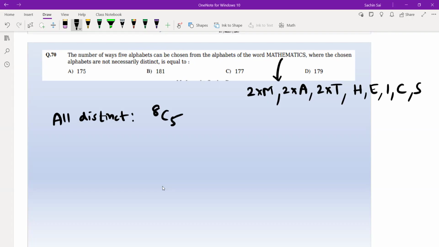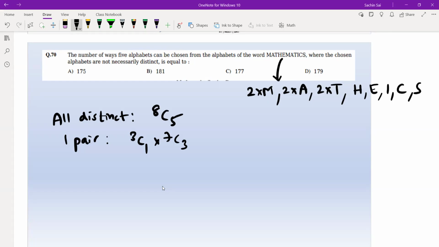Now the second case is there is one pair of identical letters. So you can choose one pair of letters from the 3 available, and then from the remaining 7 letters, you can choose any 3.